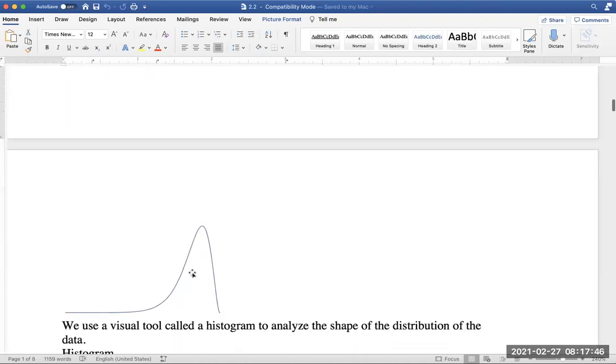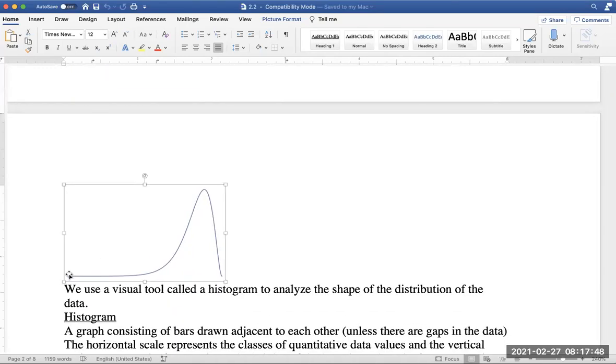Next, if we have a distribution where most of our data is large values, then we say that this is skewed to the left. It is negatively skewed.